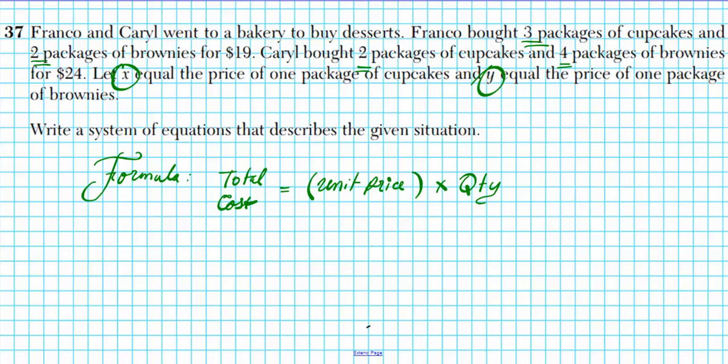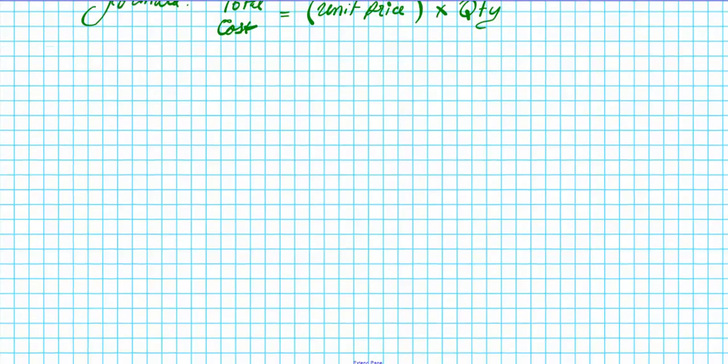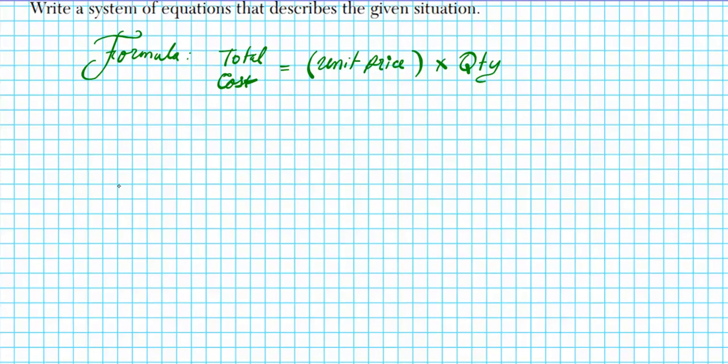All right, so let's label the components of the different parts of the equation first before we start setting it up. We have 2 individuals here, Franco and Carl. So let's put Franco here. This will be Franco's row.